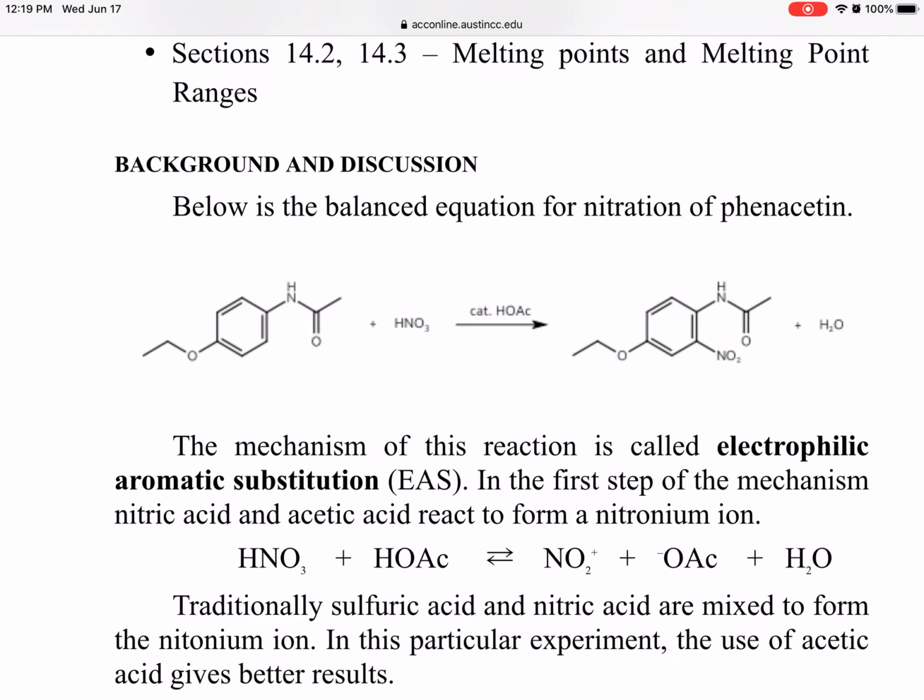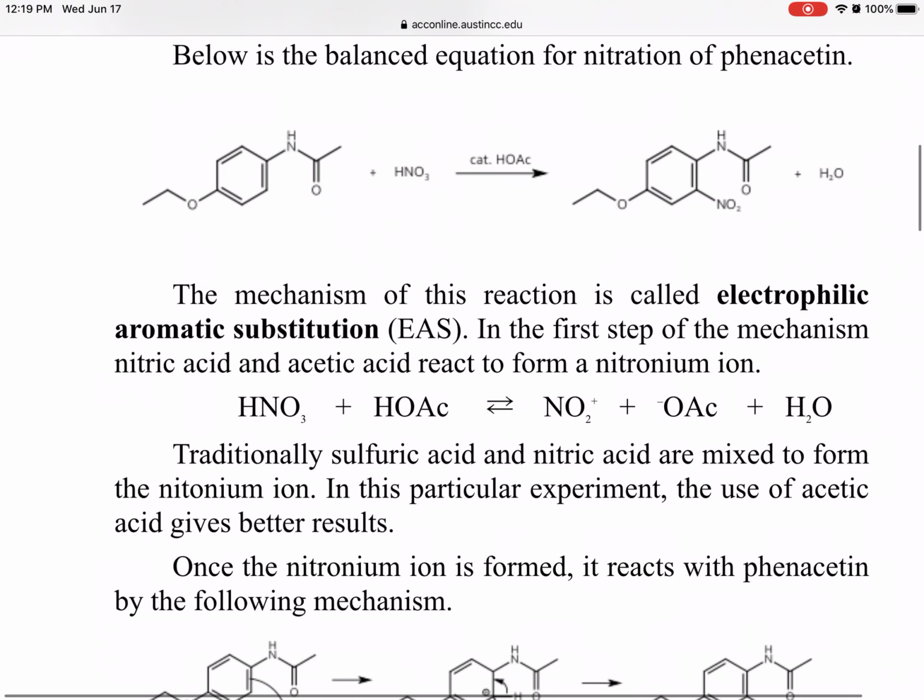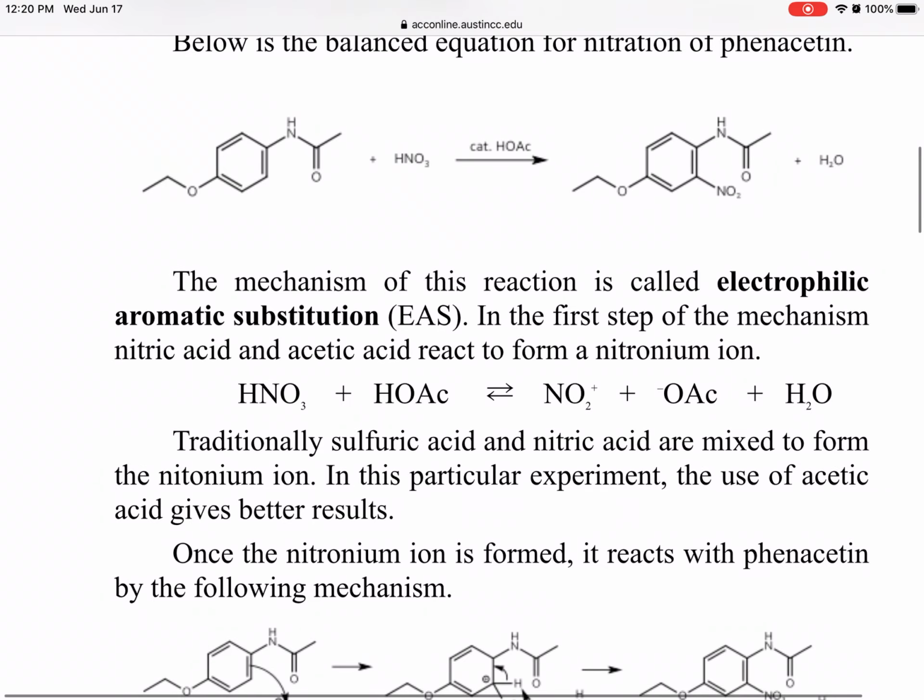Okay, so the mechanism of the reaction is called electrophilic aromatic substitution, or EAS. So what's happening is, in the first step, we want to make the electrophile. Our electrophile is going to be NO2 plus; nitric acid and acetic acid are going to form our new electrophile, the nitronium ion, acetate and water.